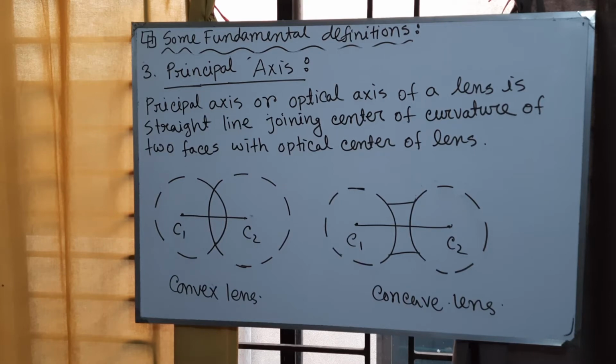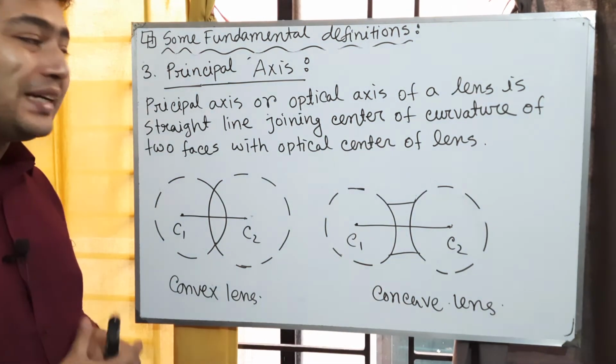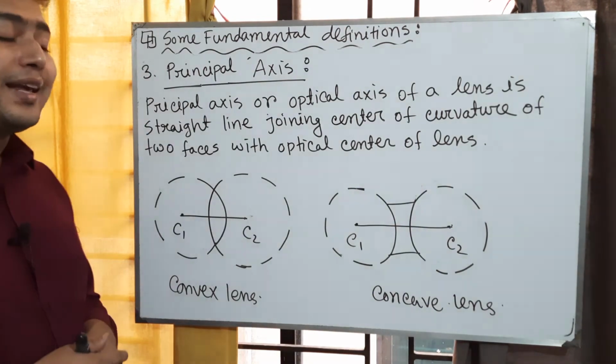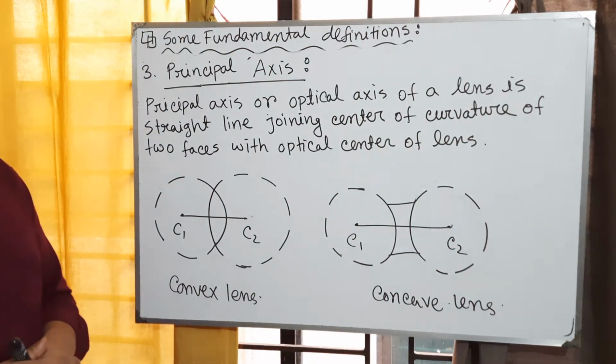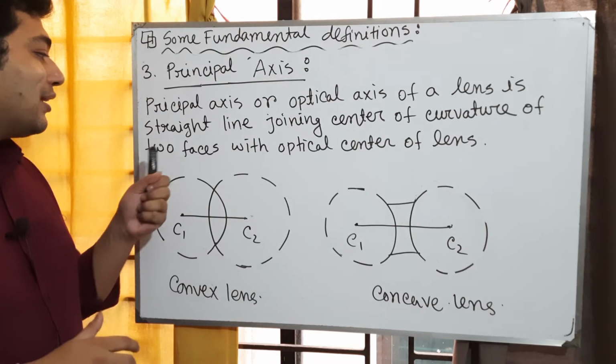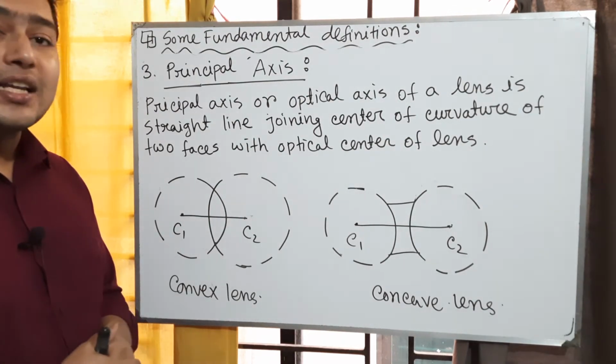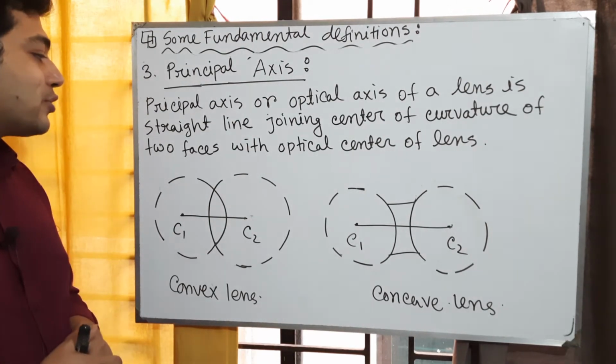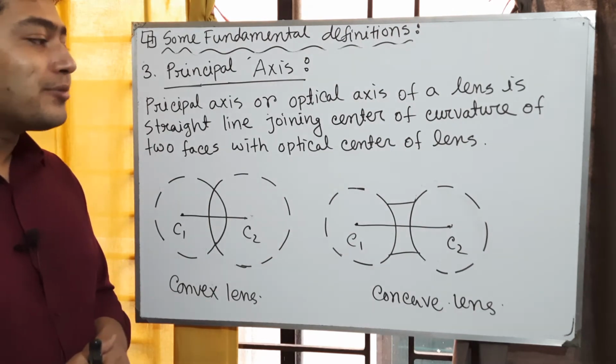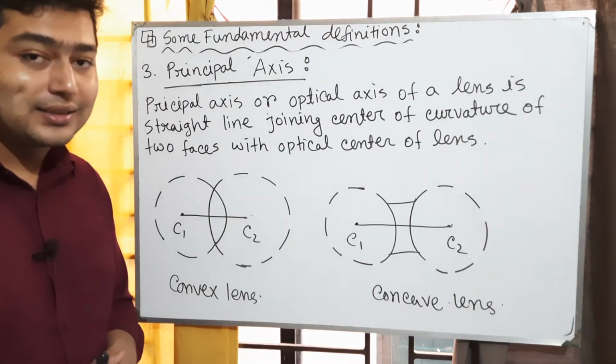Now our definition is principal axis. What is called principal axis? Principal axis or optical axis of a lens is the straight line joining the centers of curvature of the two faces with the optical center of the lens.